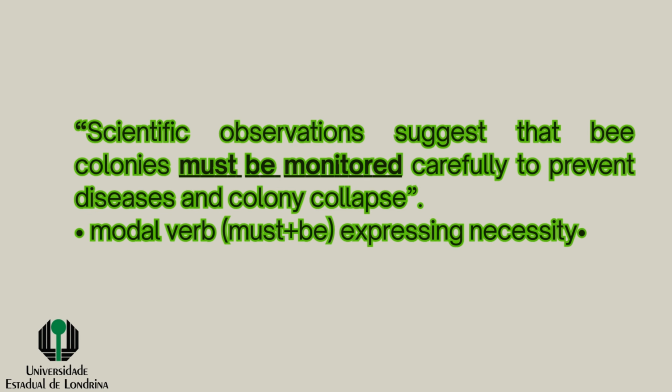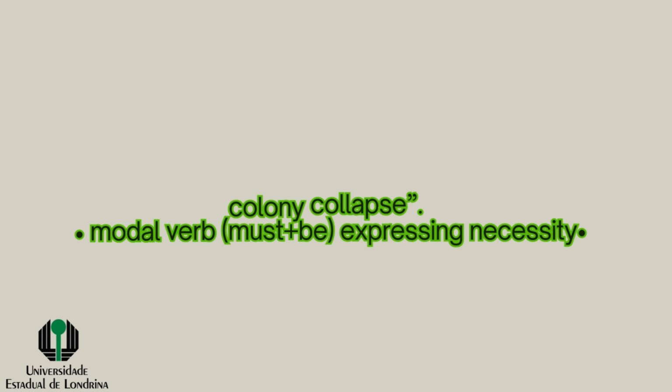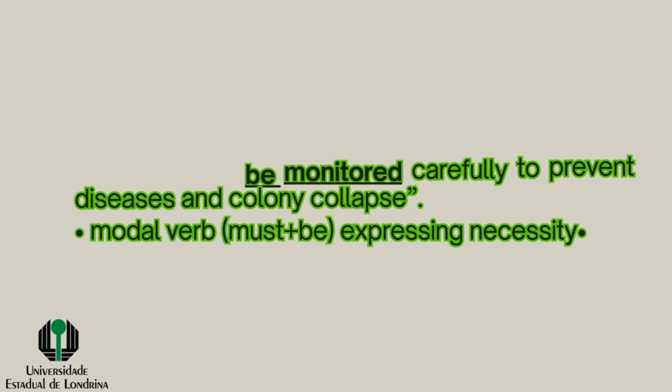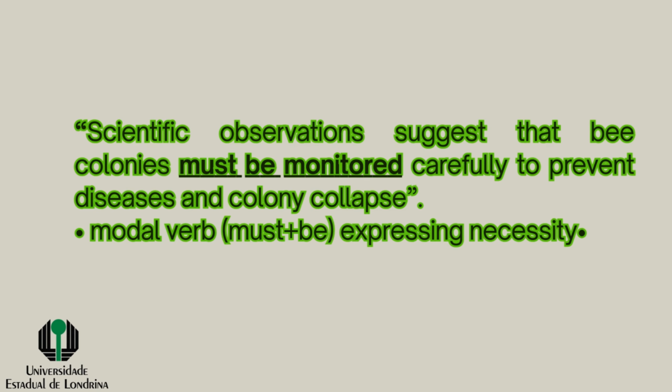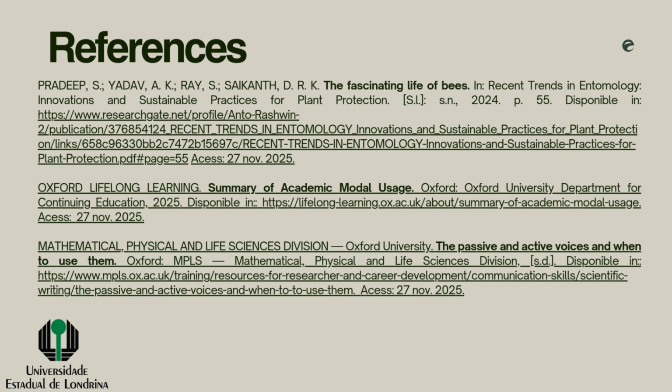So, we can notice the modal verb "must" plus "be," expressing necessity, a verb in the passive voice, "be monitored," and an infinitive of purpose, "to prevent." That is the grammar structure that we can notice in that phrase, right?